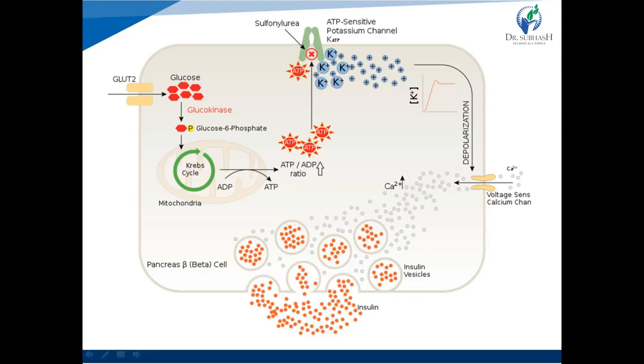When sulphonylurea binds with this channel, the efflux of potassium is blocked, and because of this blockage, depolarization of this beta cell results. Due to this depolarization, voltage sensitive calcium channels are opened, and calcium enters the beta cell, so the level of calcium in the beta cell is enhanced.